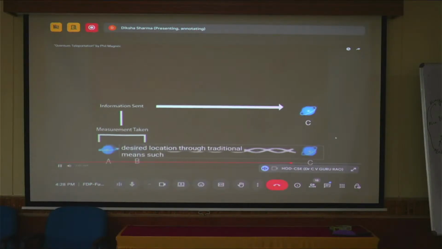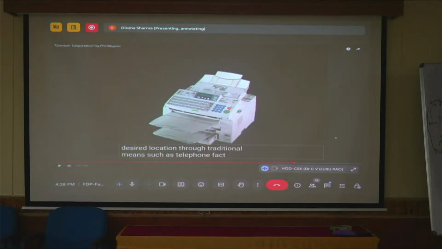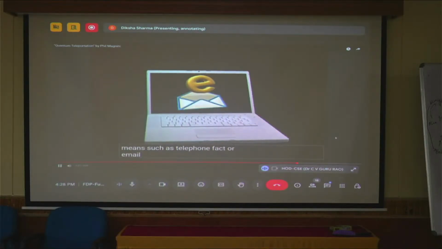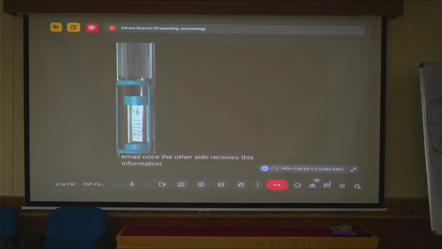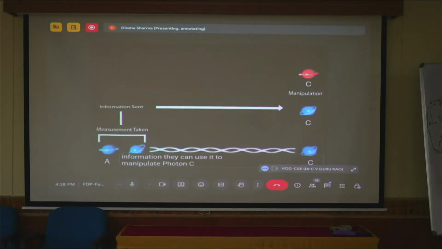Okay, for that particular thing, she has to convey whatever measurement output she got. She has to convey it through phone, through fax, or anything. Although the information is transferred in light speed time, Bob needs to know what kind of output Alice got after the measurement, so that he can also do some kind of operations and get the exact output.